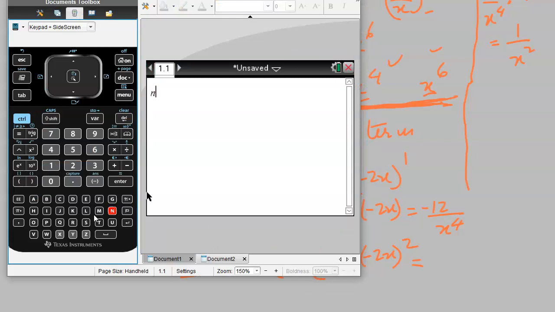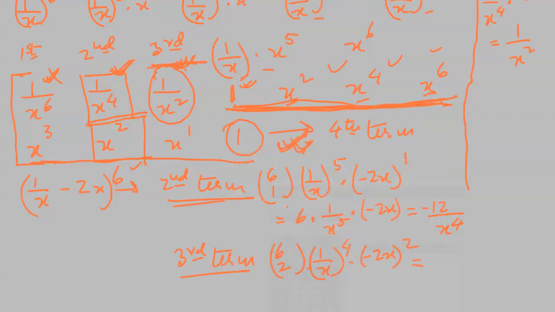So, in the calculator, it is 6c2, equal to 15. And 15 times this negative 2 is negative 30. Sorry, it is not negative 2, it is negative 2 whole square.